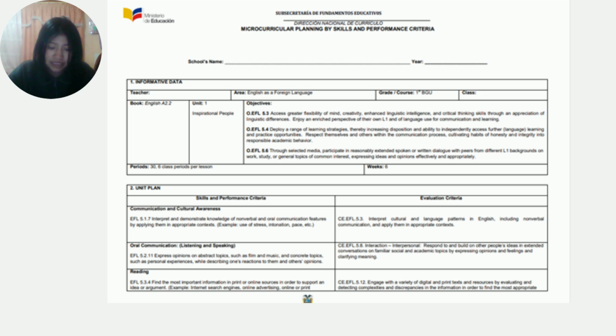Here in this chart we have the teachers, the area, in this case English as a foreign language, the grade of the course, the class, the book, the unit, the objectives, the unit plan.